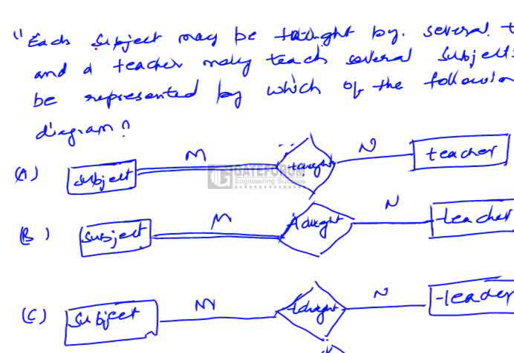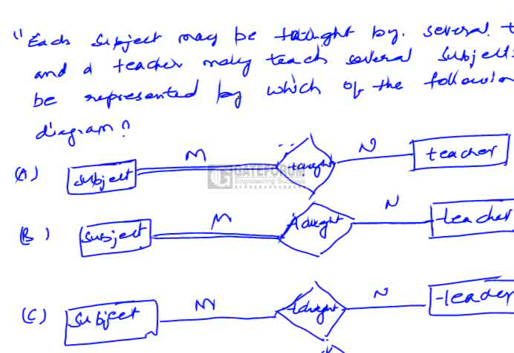Why? Because here it is given that a subject can be taught by several teachers, and a teacher can teach several subjects. That means the relation should be many to many. And here the participation of both the entity sets, subject and teacher, should be partial.